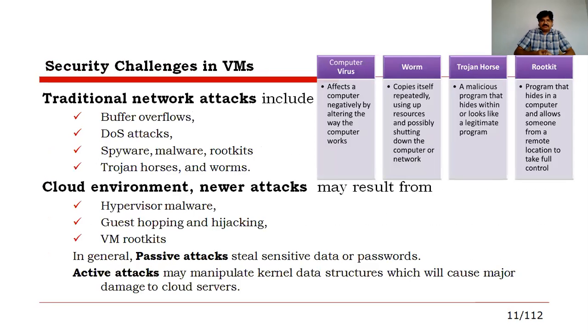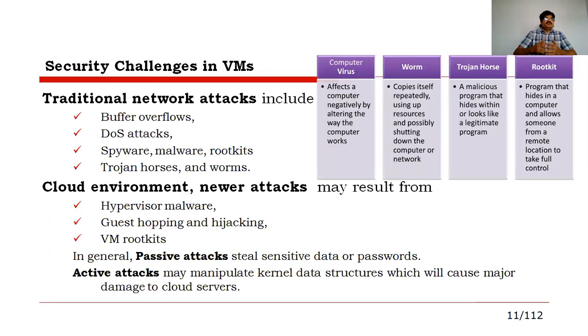And here let us see some security challenges in virtual machines. Whenever we are working with virtual machines in cloud computing, there are various challenges we will face. Some of the security challenges in virtual machines we will see here. Now we will compare the attacks or problems which arise in the traditional network and the cloud environment.